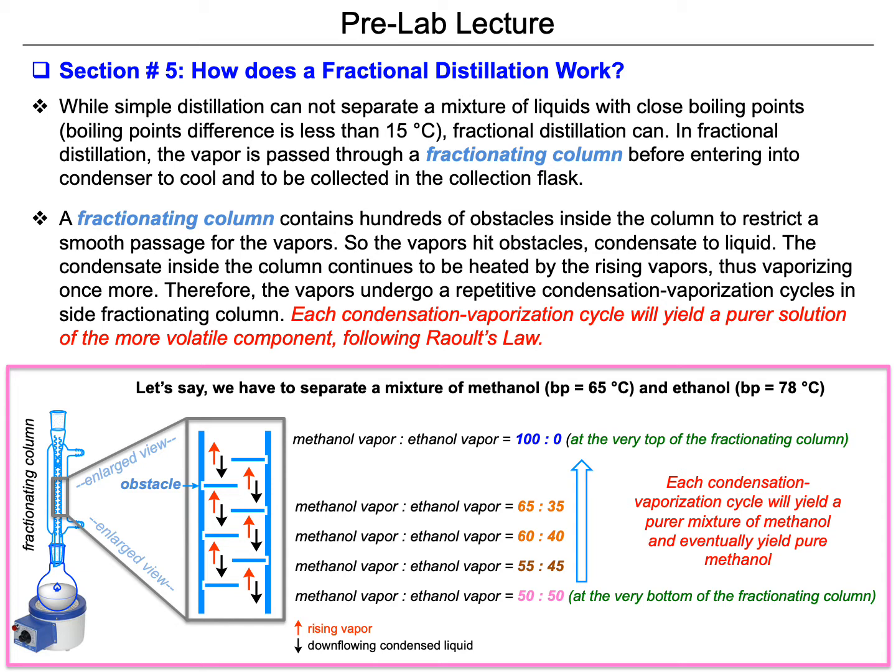So that rising vapor again heats the condensate, and that condensate turns again to vapor. So we have a cycle. In this cycle, at the end of the story, we can get a pure separated liquid phase.